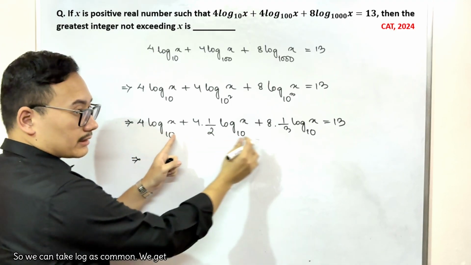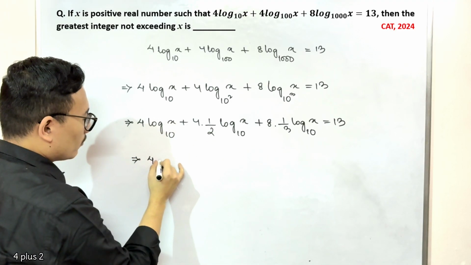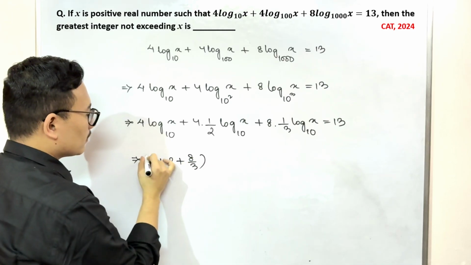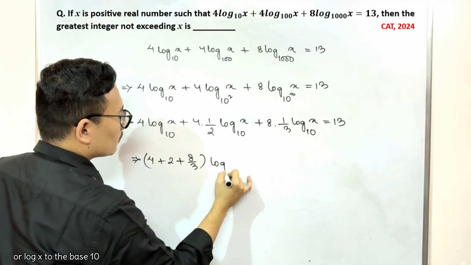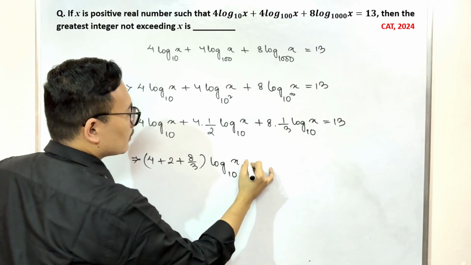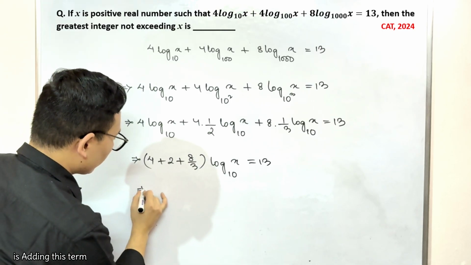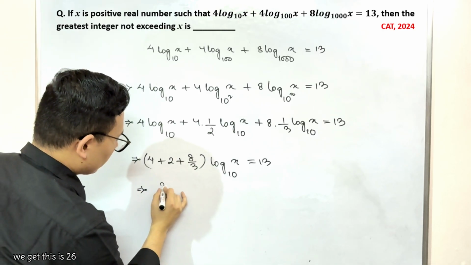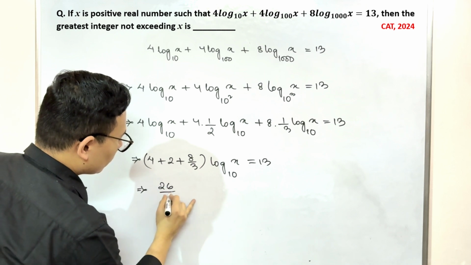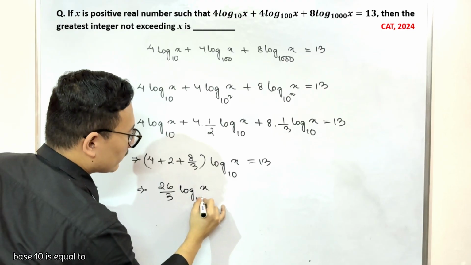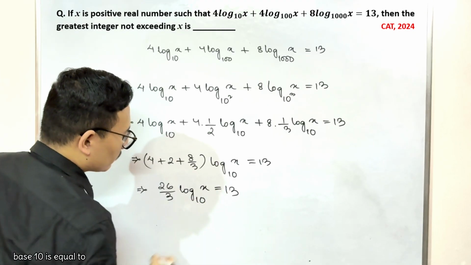So we can take log as common. We get 4 plus 2 plus 8 by 3 times log x to the base 10 equal to 13. Adding these terms, we get 26 by 3, and log x to the base 10 is equal to 13.